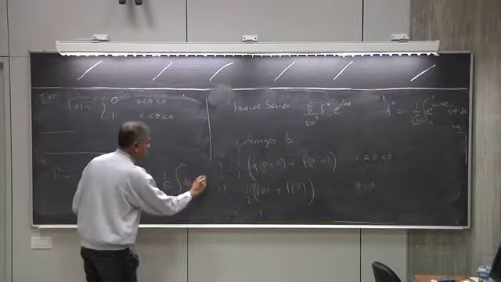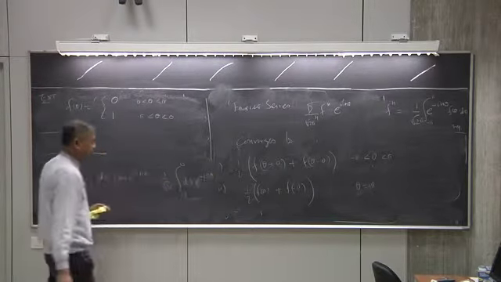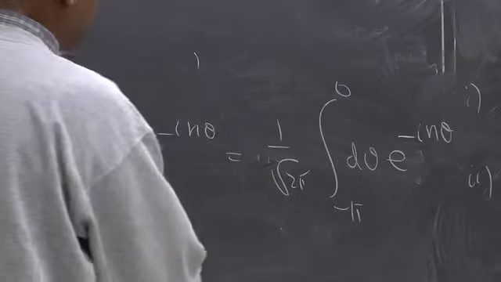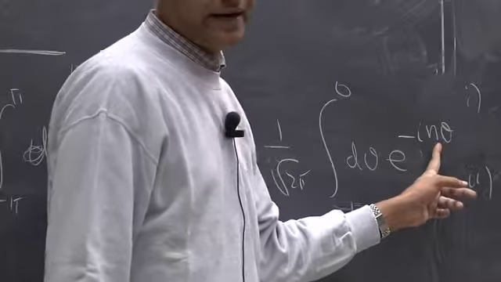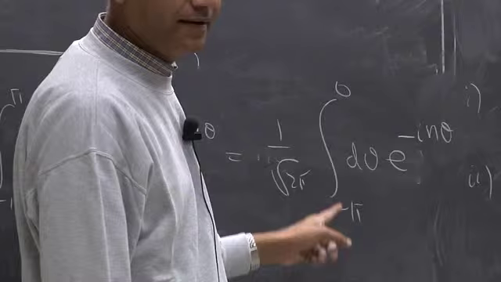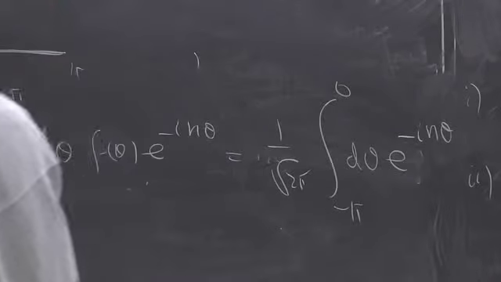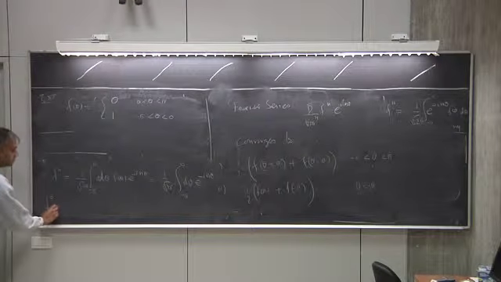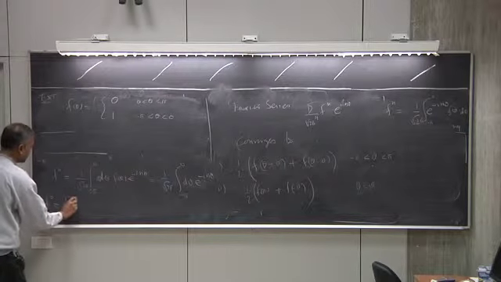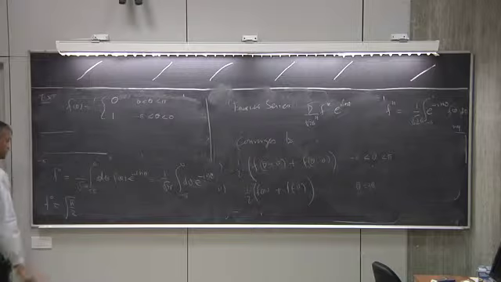Now I have to consider two different cases, n equal to 0 and n not equal to 0. When n is equal to 0, this gives you just pi. So F0 is simply pi divided by root 2 pi, so that is root pi by 2.